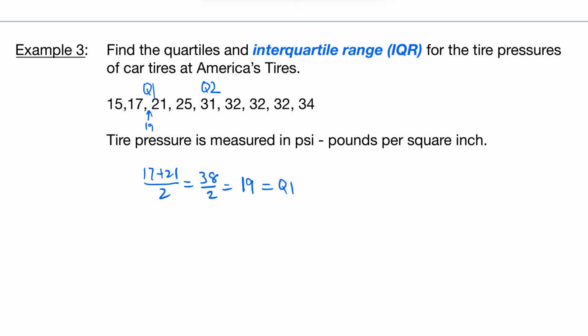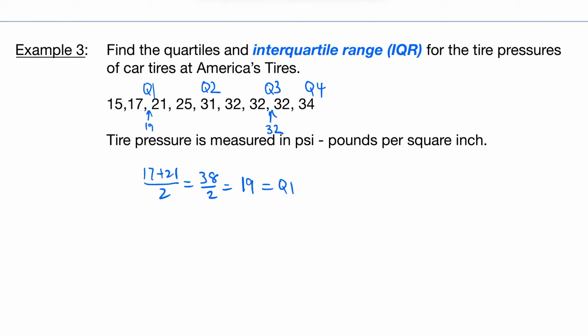So we would say that our quartile 3 is 32. And then quartile 4 is the easiest one. That is the last number in this series. So that's quartile 4. That's how you find quartiles 1, 2, 3, and 4.